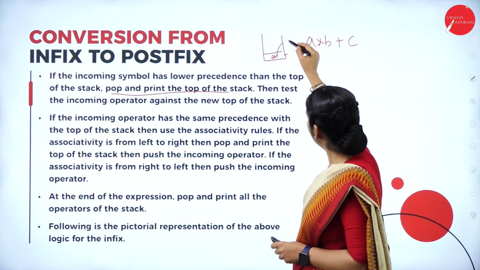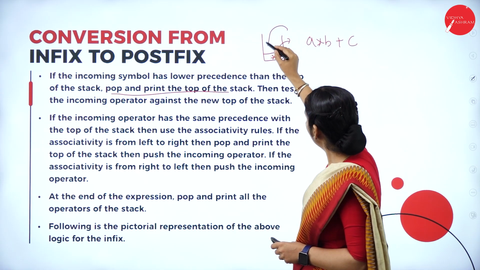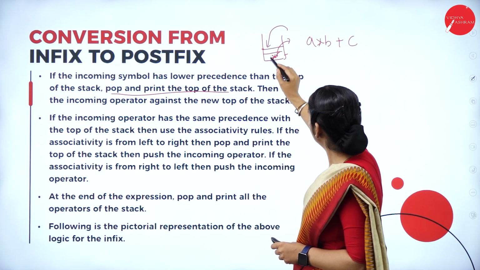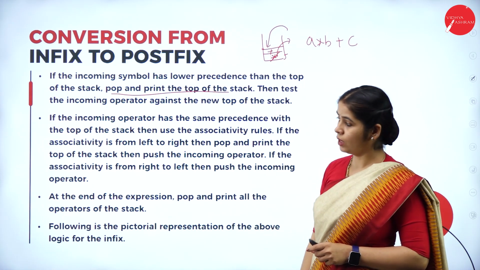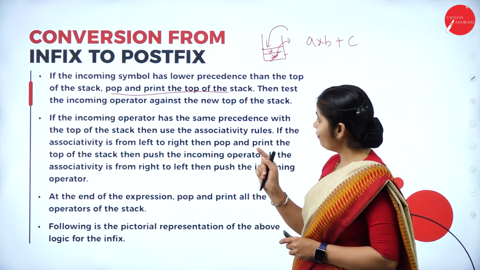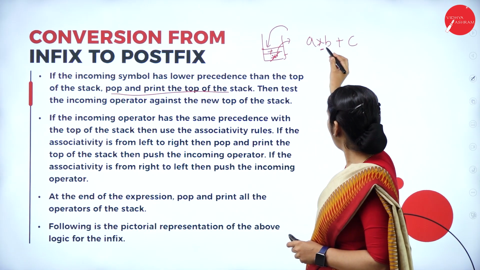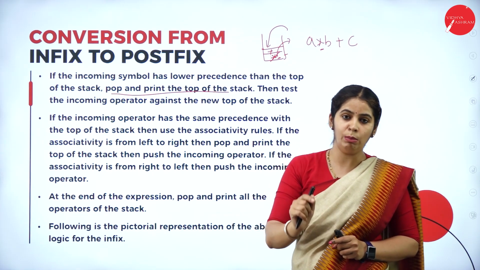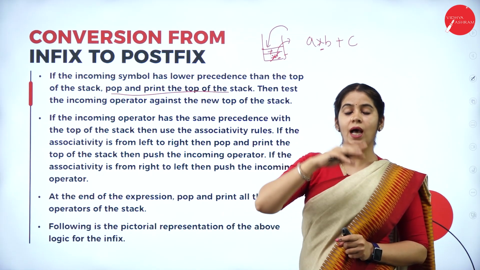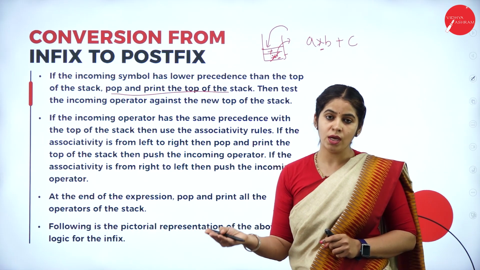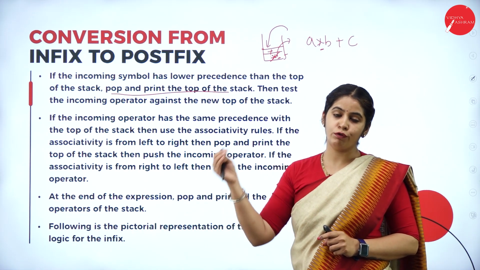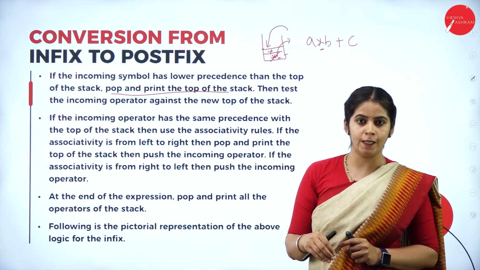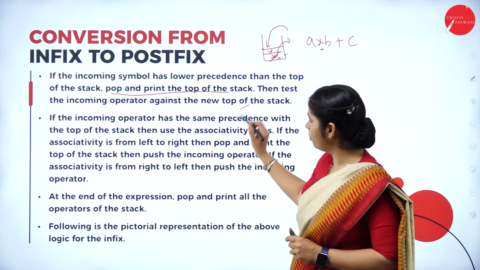We have to pop this out and then insert the plus operator. If the star, the top of the stack, has a higher priority than the incoming symbol, just pop the highest priority symbol out. After printing that, you have to push the new symbol inside the stack. That is what the step says.